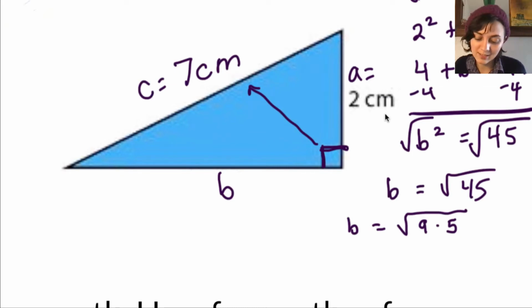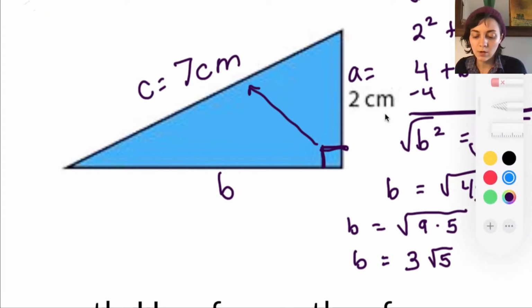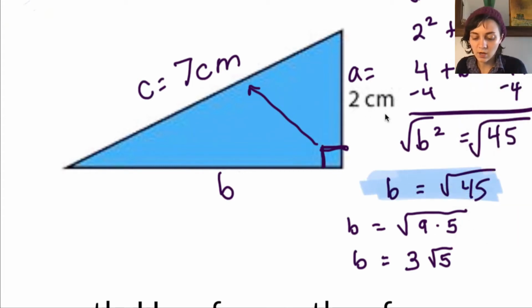The square root of 9 is 3. And I can't take the square root of 5 nicely, and so I leave it like that. So either of these answers are good. I would say this is the best one because it is the most simplified. Okay?